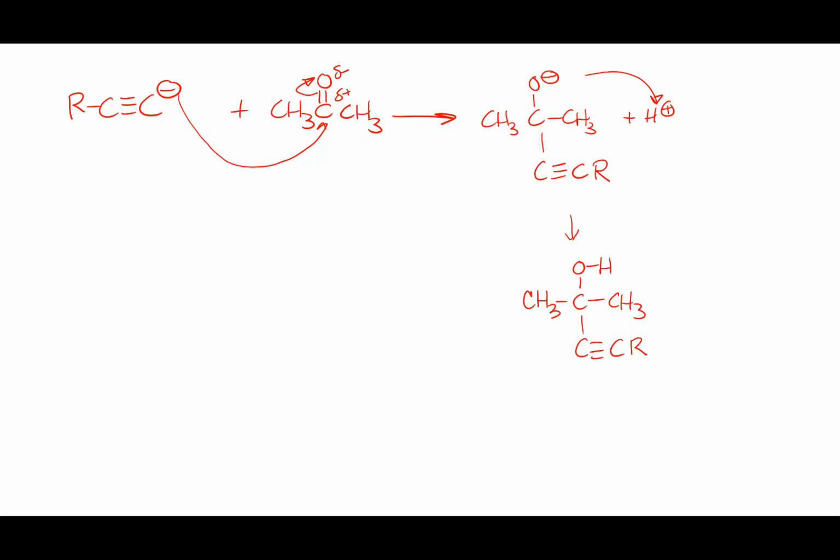anytime you can form this carbon-carbon bond, that's important. So what am I doing in a Grignard reaction? I'm doing the same thing. As a matter of fact, I could erase the triple bond and just put any C minus I want in there.